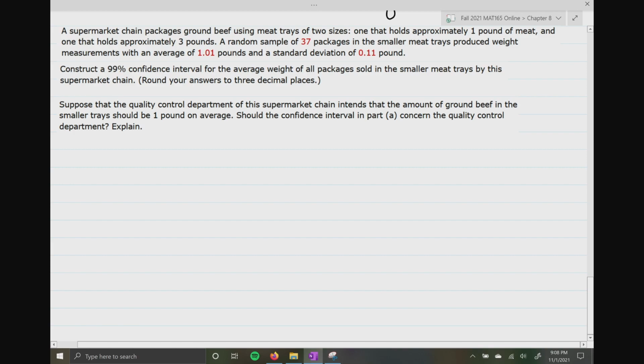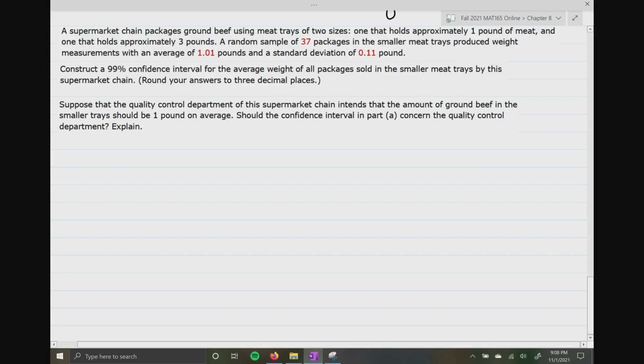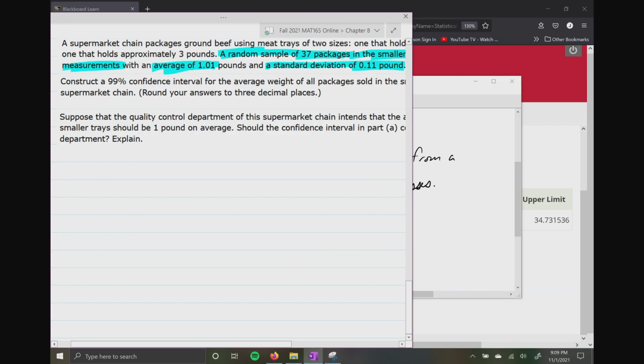All right. So let's go ahead and do this problem. First things first, we have to know what type of interval we're creating. So when I read the problem, I'm going to highlight the important pieces of information, and it's right here. A random sample of 37 packages in the smaller meat trays produced measurements with an average of 1.01 and a standard deviation of 0.11 pounds.